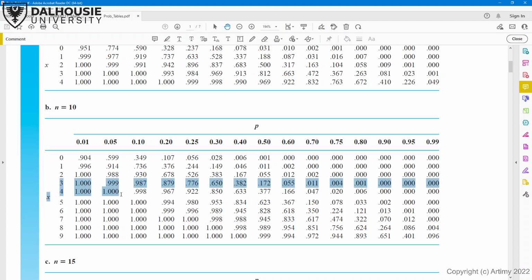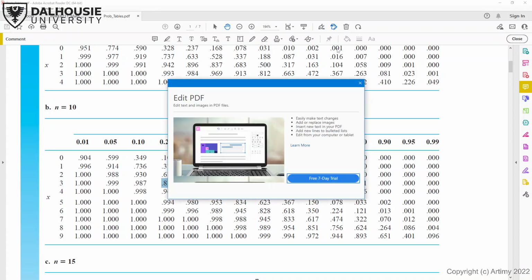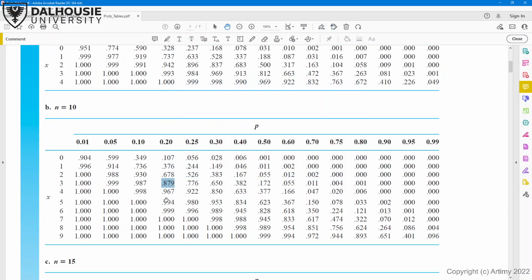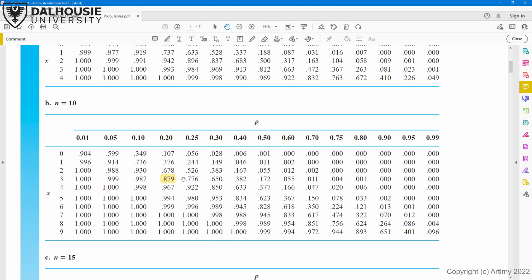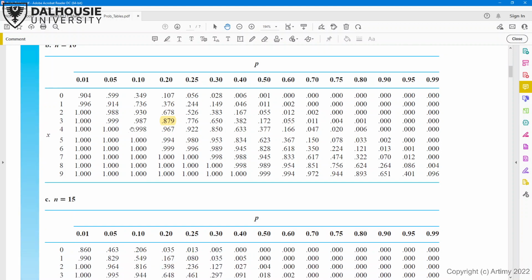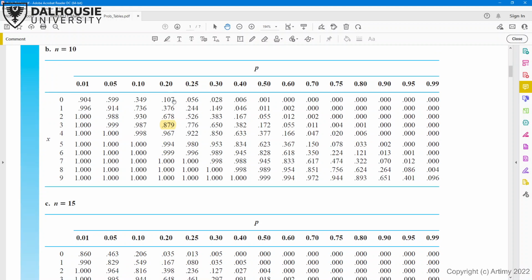If you look at the intersection between the 0.2 at the top, and I'm just going to highlight it for you if I can. Okay, the number that I'm looking for is the intersection of the probability p, which is 0.2, and x, which is 3.